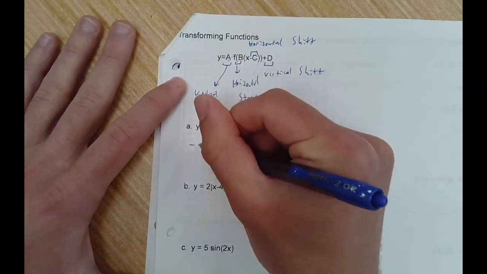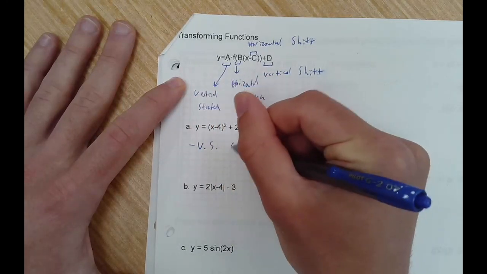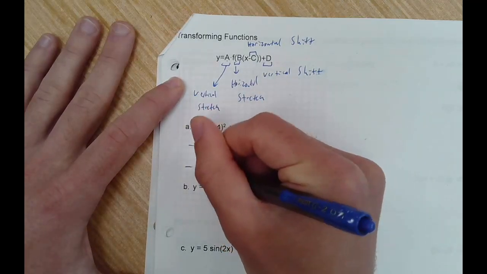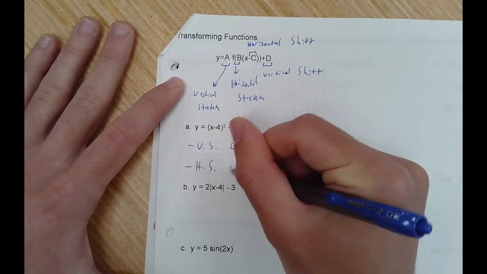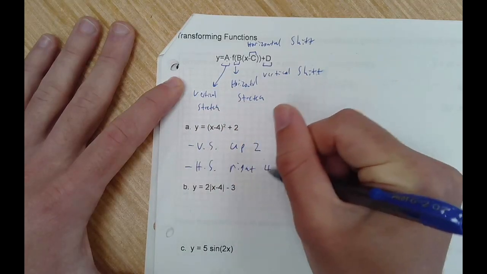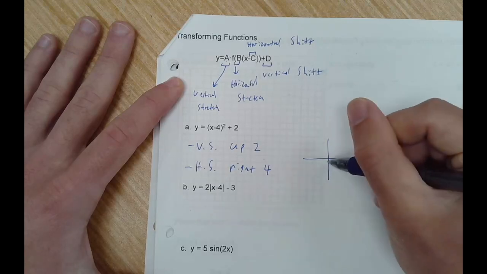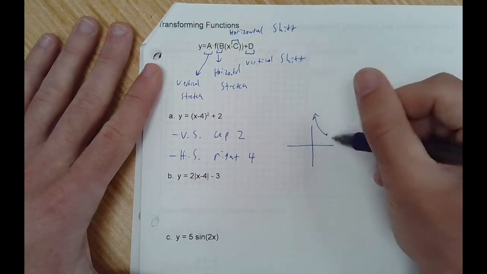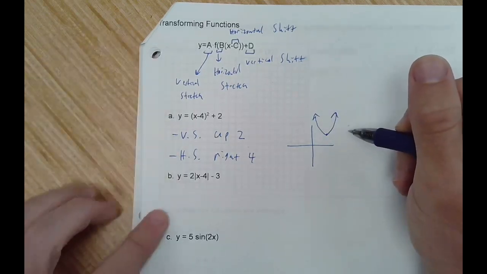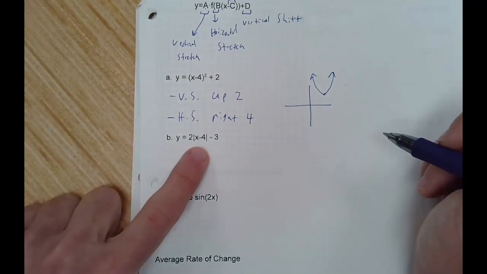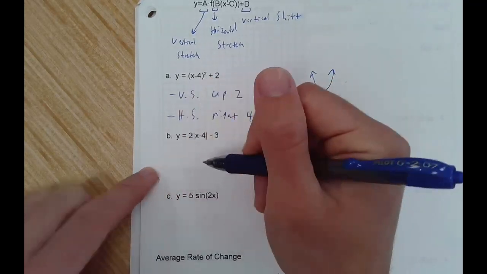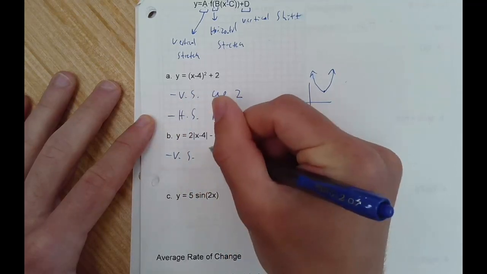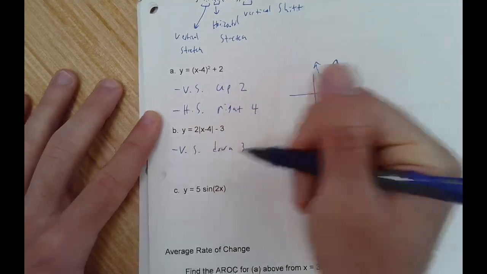We have vertical shift up 2. We have horizontal shift right 4. So this is a quadratic going up 2, right 4. Okay. This one, we have a vertical shift down 3.